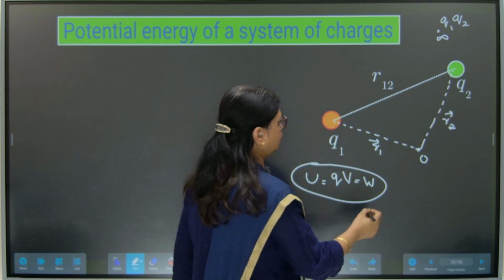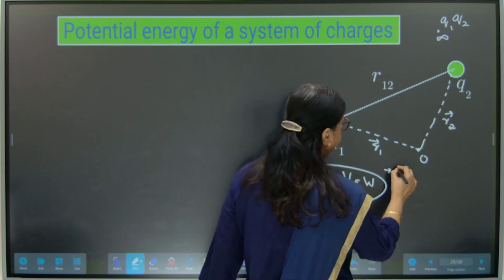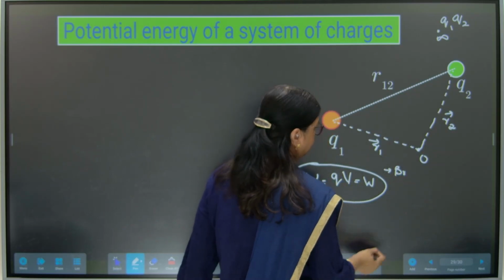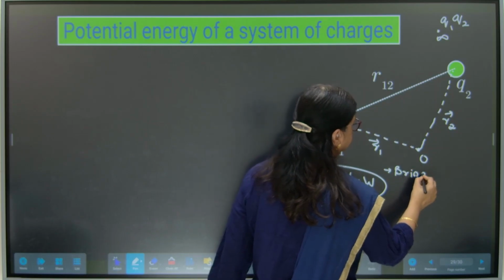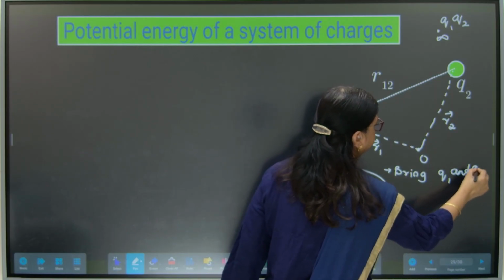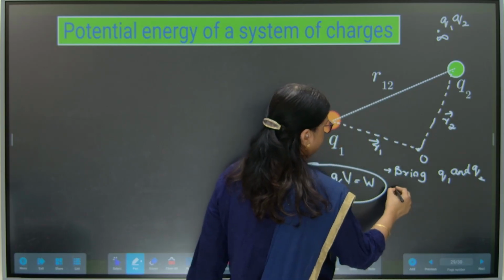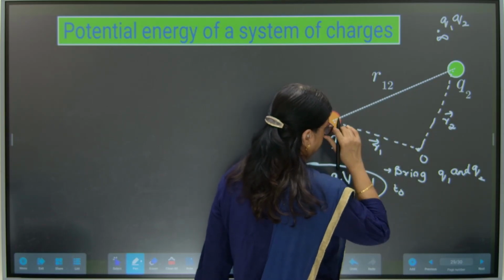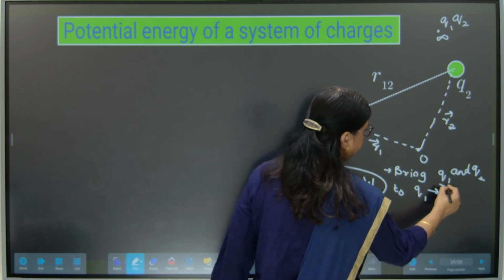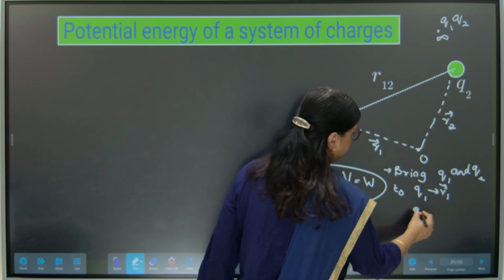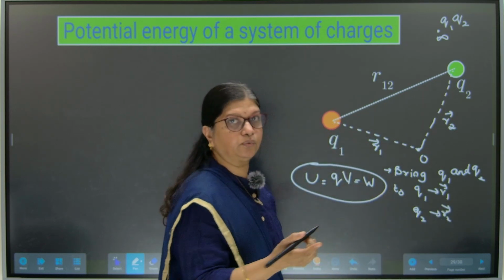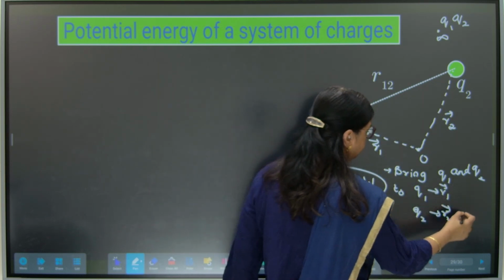What I have to do is bring Q1 to R1 and Q2 to R2, which are the position vectors.